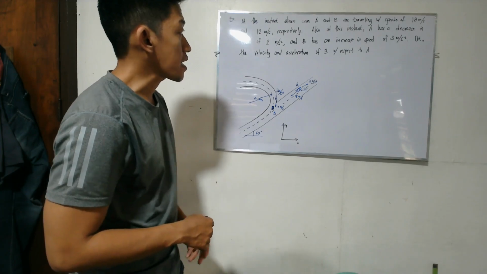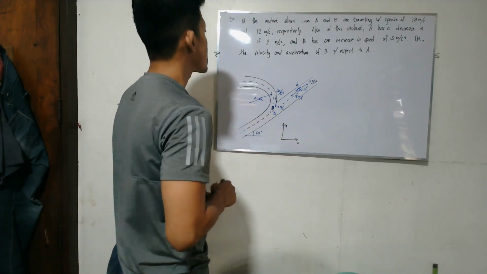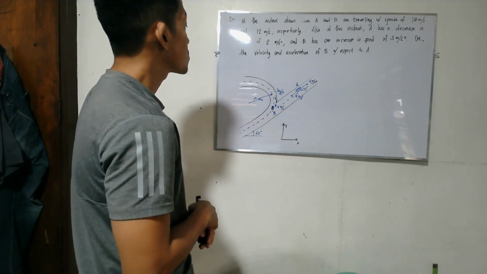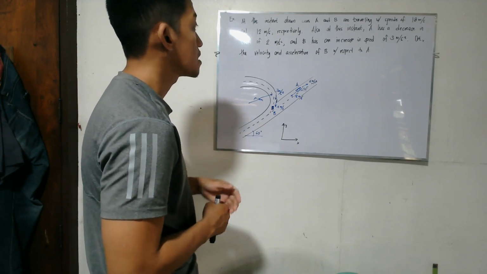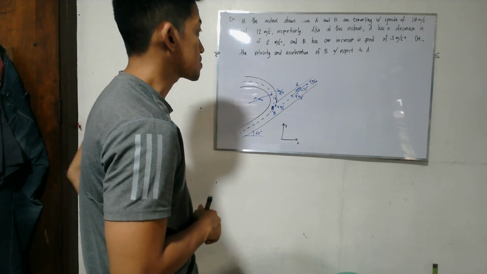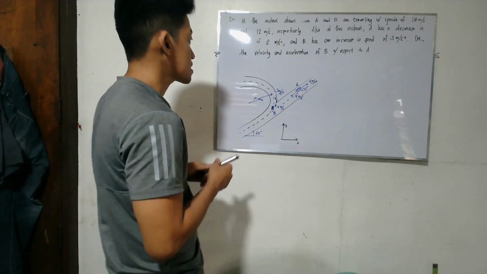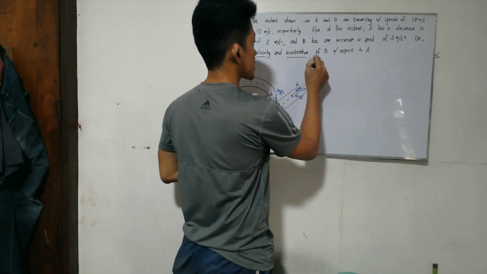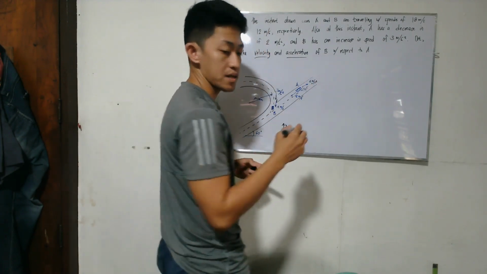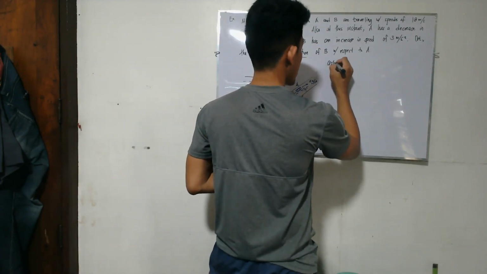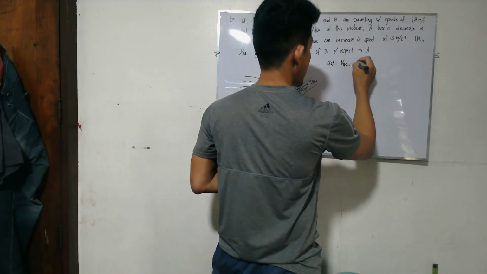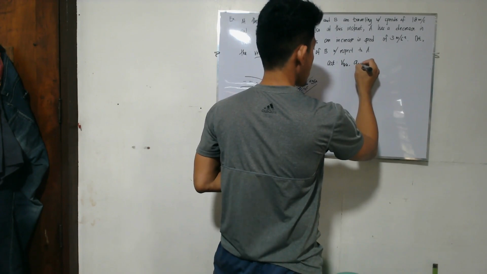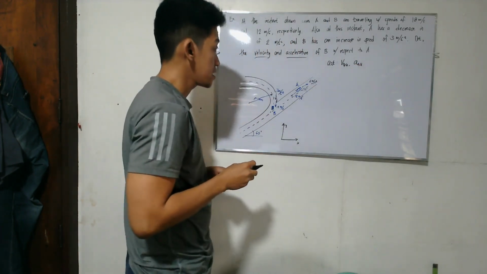Also, at this instant, A has a decrease in speed of 2 meters per second squared and B has an increase in speed of 3 meters per second squared. Determine the velocity and acceleration of B with respect to A. So what is asked is velocity of B with respect to A and acceleration of B with respect to A.